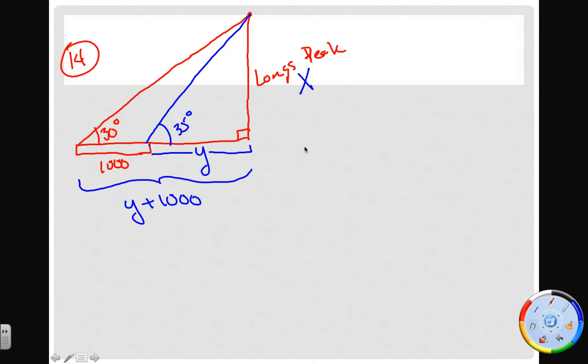All right, so I have the red triangle: tangent of 30 equals x over y plus 1,000. But I also have, which I should have done in red on that one, but oh well, the tangent of 35 is equal to, sorry, not y over, goofball, x over y.